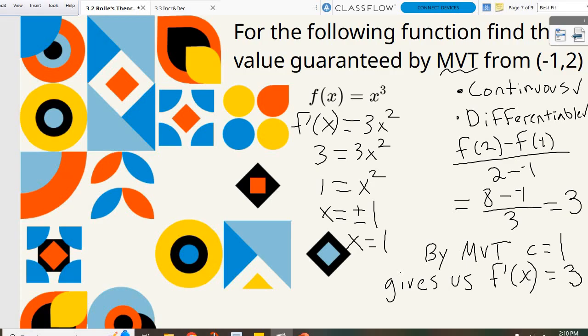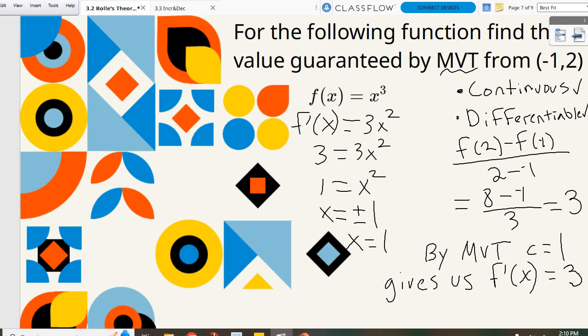Three, right? That was the value we set it equal to, which is what was guaranteed to us by our MVT: our average rate of change had to equal our instantaneous rate of change. Our C value is 1, which guarantees that. What questions do we have there?